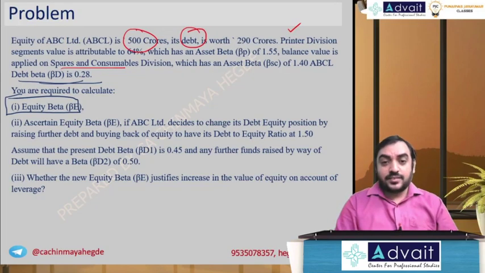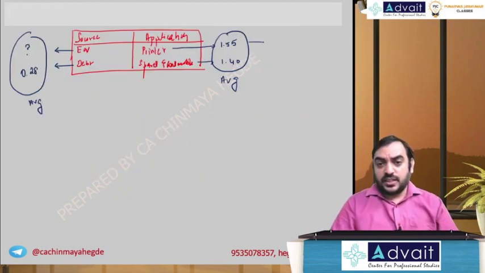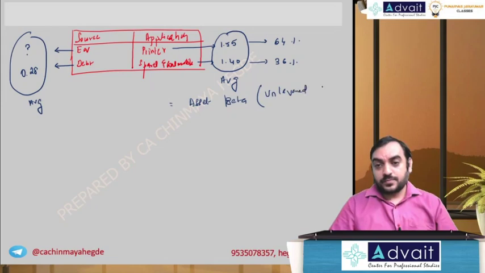Do we have the weights for the asset side? They have given 64%, and the balance is obviously 36%. So what is going to be the asset beta of the company, also called the unlevered beta?